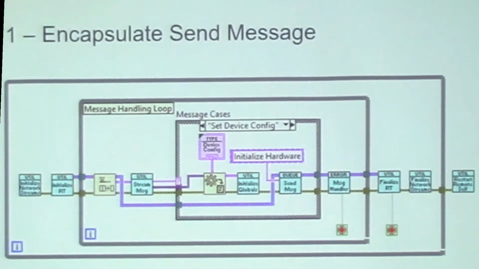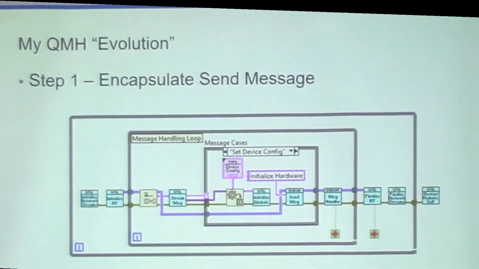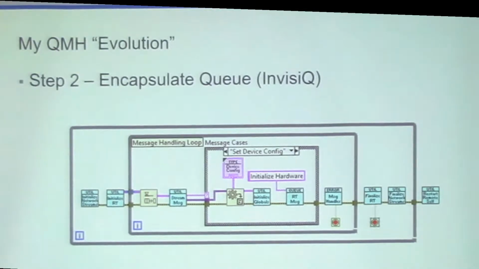I didn't like that, and all those Q wires floating around the diagram confused me, so I said, Action Engine. I'm going to put everything inside an Action Engine, and I called this the InvisiQ, because the Q is invisible, it lives inside here, and the only reason you have it is you have to get the Q out so you can DQ it.